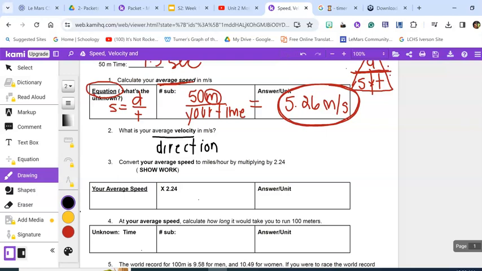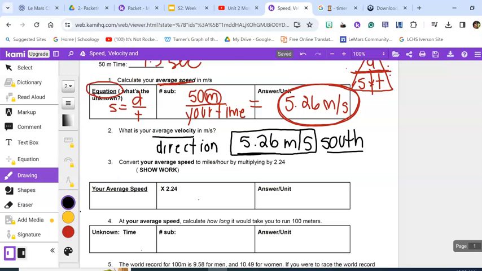There is scalar, which is just a number, and then there is vector, which is a number in a direction. So when you were running in the hallway out there, you were running 5.26 meters per second, or whatever your answer is, right? Your answer, south. Because velocity is speed in a direction.